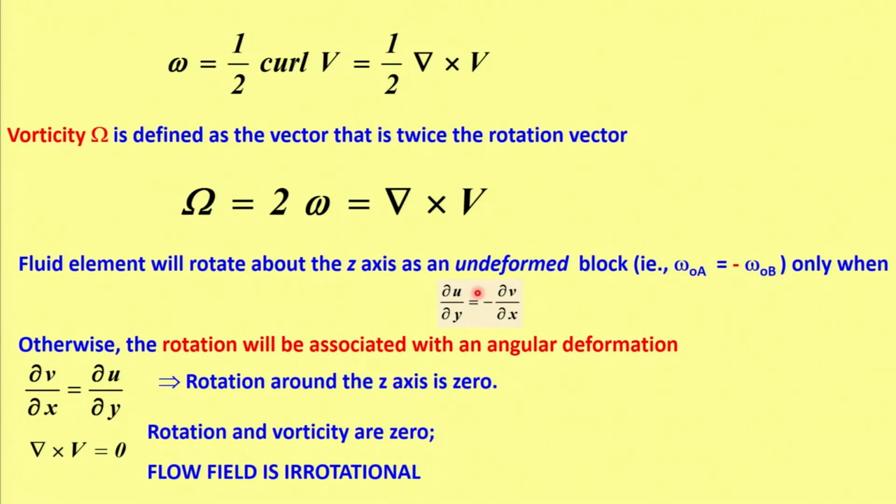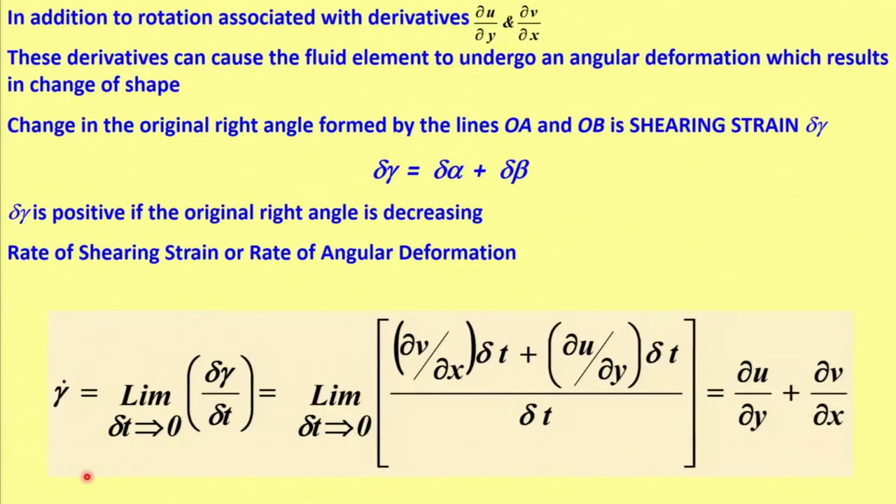That's why we took ∂u/∂y equal to minus ∂v/∂x. But if both are equal, then the rotation about the z-axis would be 0. So if rotation and vorticity are 0, the flow field is irrotational.